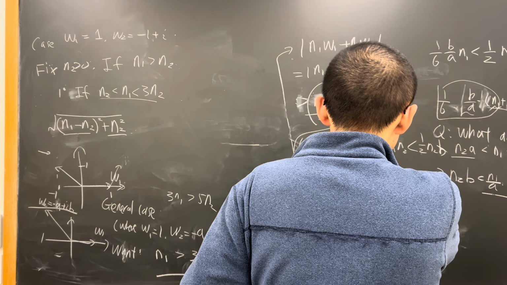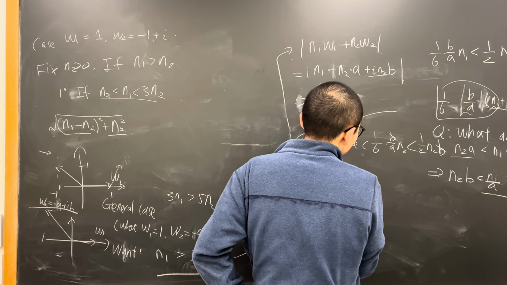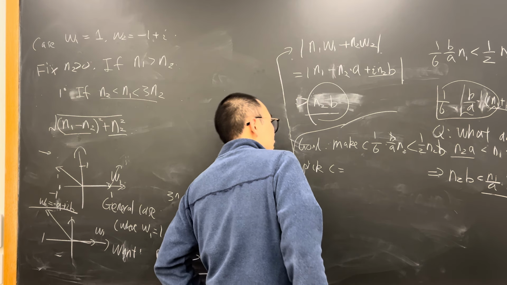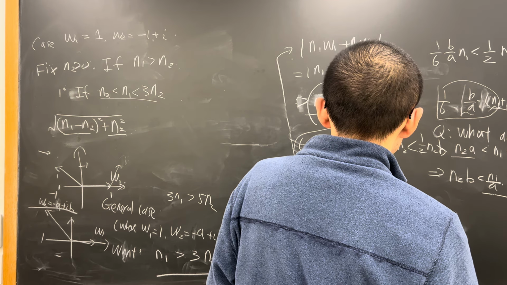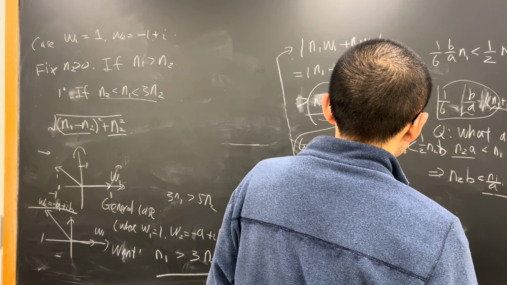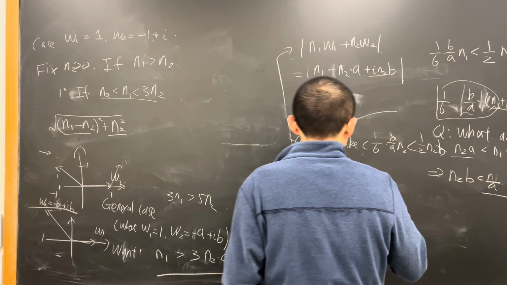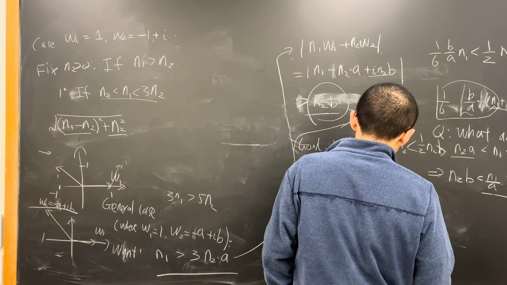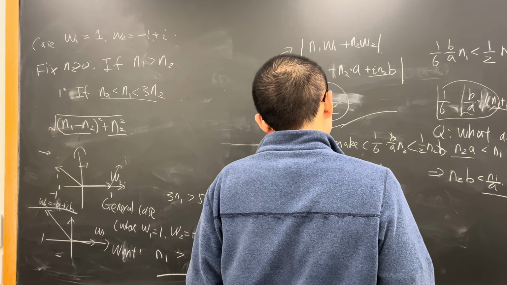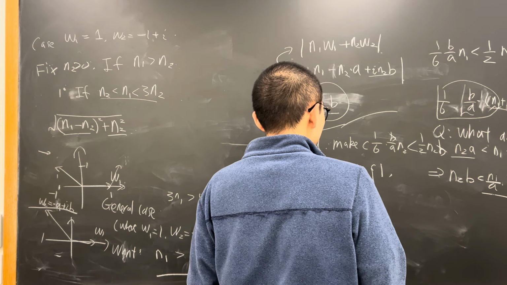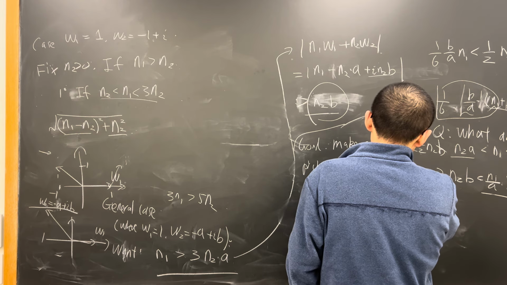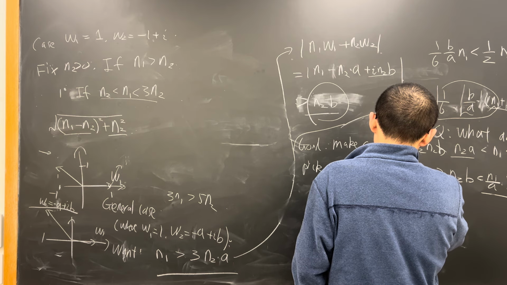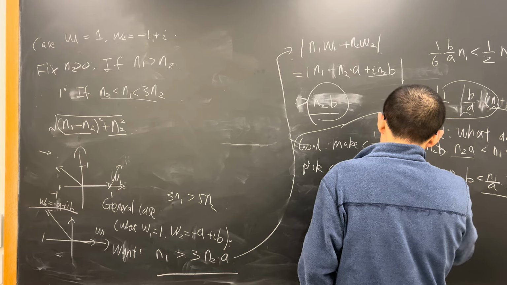So we just pick the c to be the minimum of 1 and, you can even make it like 1/2 or something, and 3a.